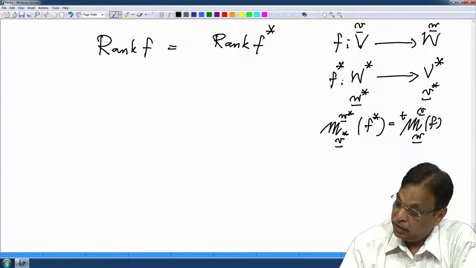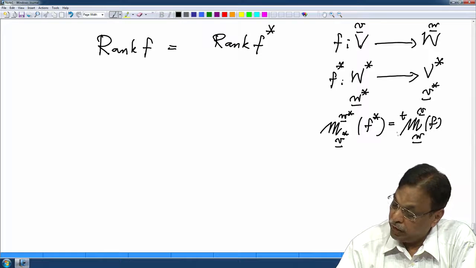And the rank of this matrix, that is column rank of this, is therefore the row rank of this.